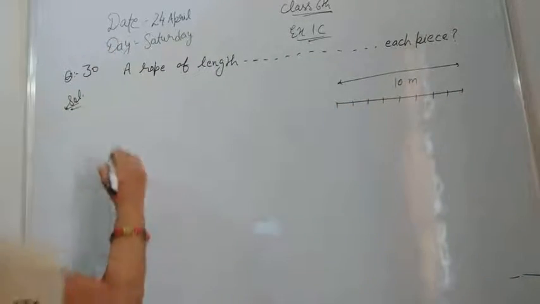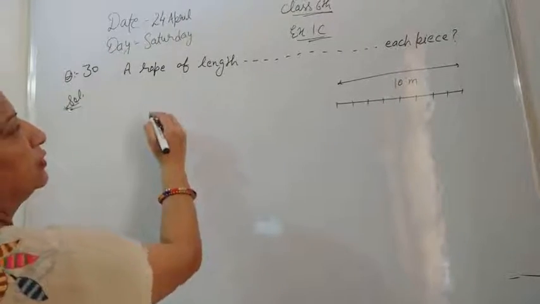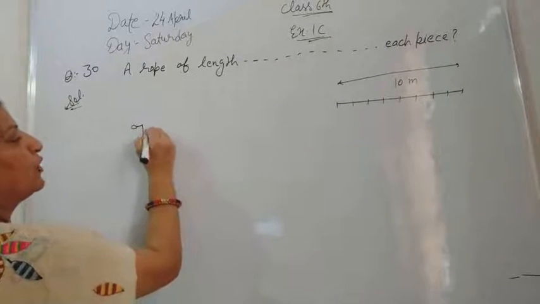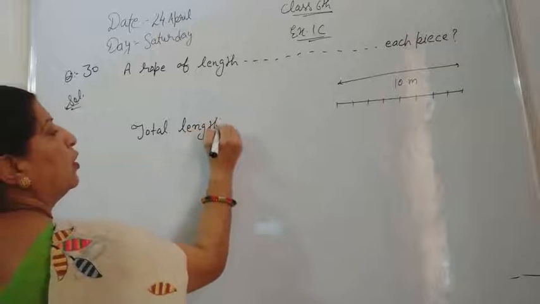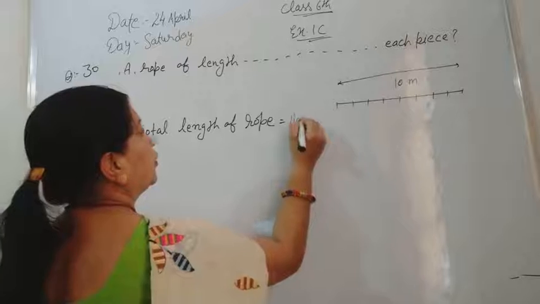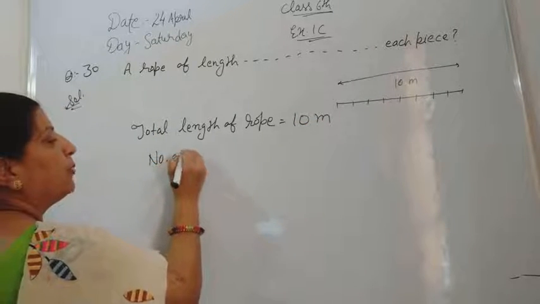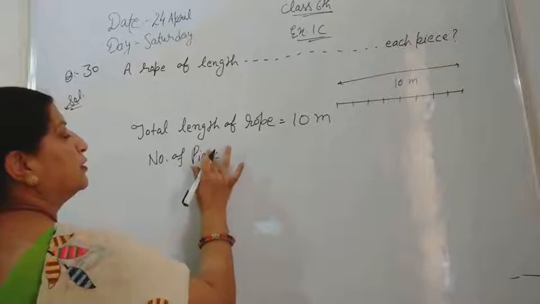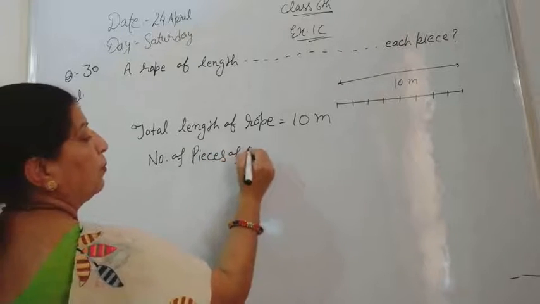So we write here: rope length is 10 meter, total length of rope that is equal to 10 meter. Number of pieces of rope.